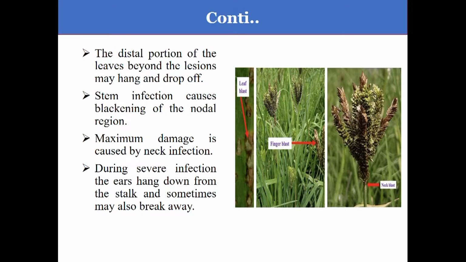Stem infections cause blackening of the nodes, the nodal region basically, and the nodal region gets very damaged, and after that the stem can easily break down. Maximum damage is caused by the neck infection only. When the neck of the finger millet gets infected, the maximum damage occurs. During severe infection, the ears hang down from the stalk and sometimes may also break away.